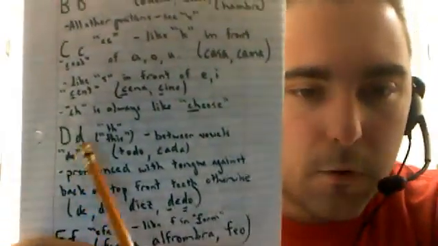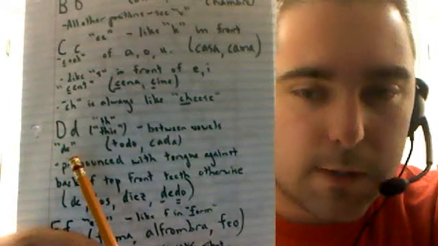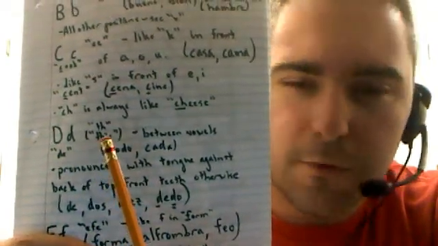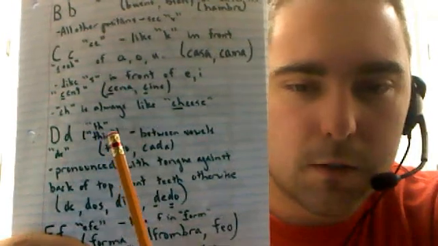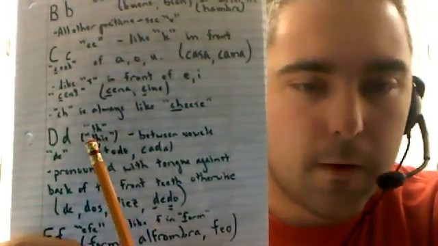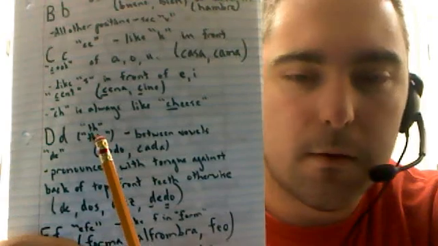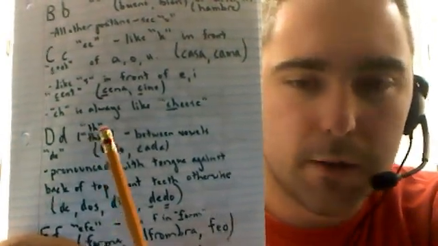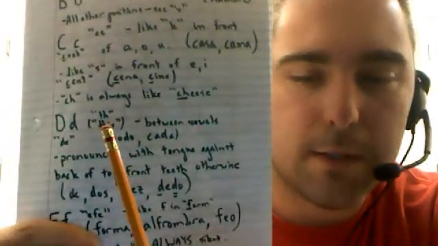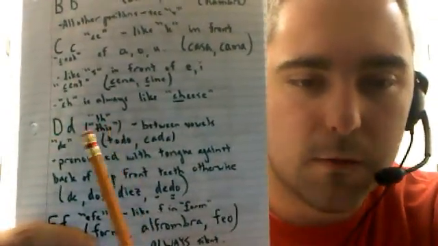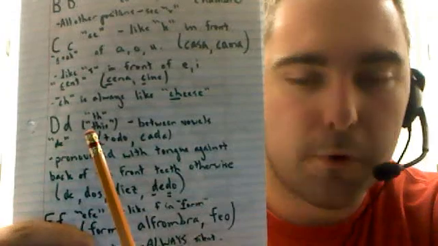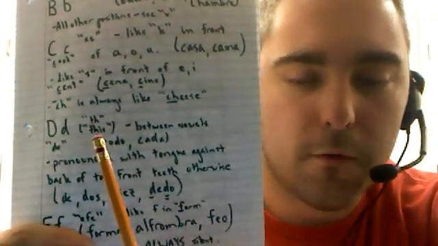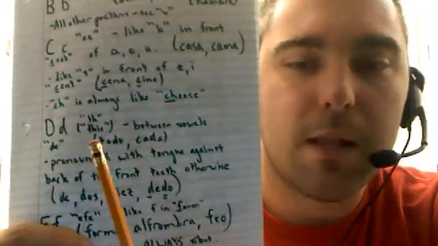D, or in Spanish, de, is pronounced a little bit different from the English D. In English, when you say D, notice that your tongue is on the roof of your mouth, just behind your upper front teeth. In Spanish, the D or the de is pronounced with your tongue touching the back of your front top teeth. So, de.